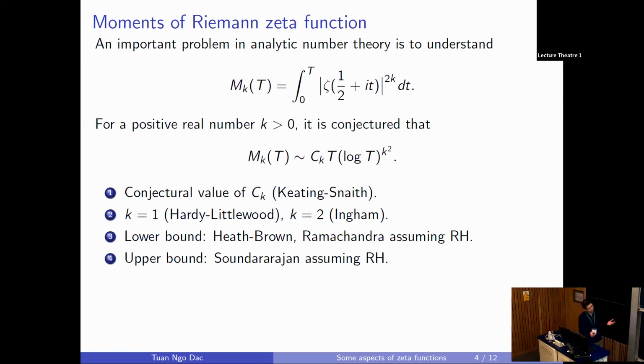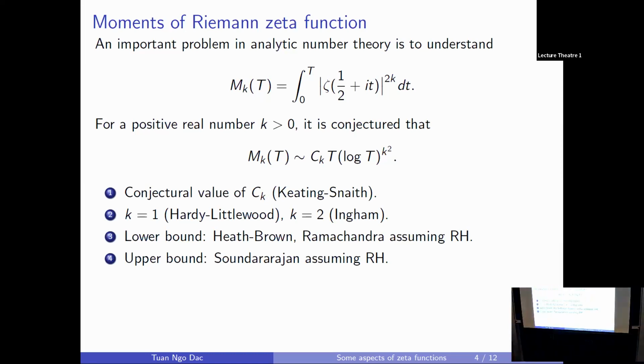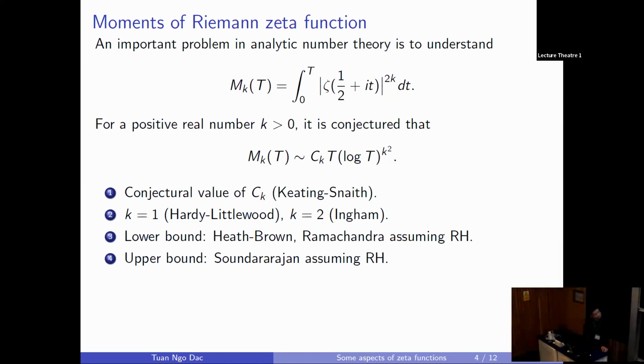Up to now, this moment is well understood when k equals 1 by the work of Hardy and Littlewood, and k equals 2 by the work of Ingham. And for lower bounds, there was important work of Heath-Brown and Ramachandra assuming the Riemann hypothesis, and upper bounds by Soundararajan assuming the Riemann hypothesis.